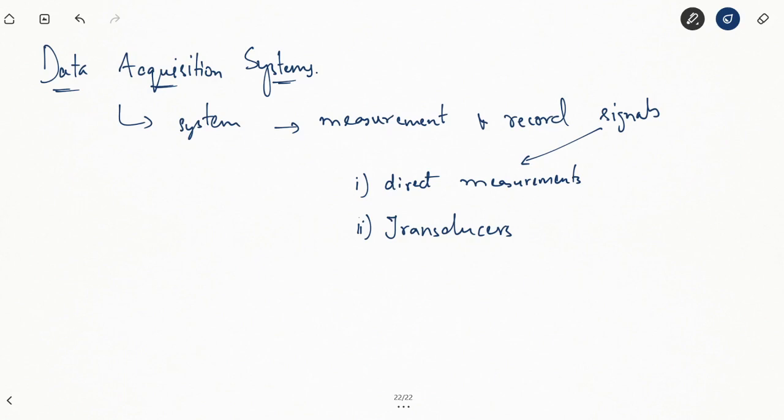Now there are two types of data acquisition systems. One, you can have an analog system, and another one you can have a digital system.